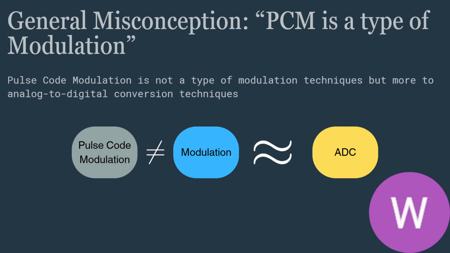After we discuss PCM, there is a general misconception in society, where people understand PCM in the wrong way. The general misconception is that PCM is a type of modulation. But the truth is, PCM is not a type of modulation technique, but more of an analog to digital conversion technique.